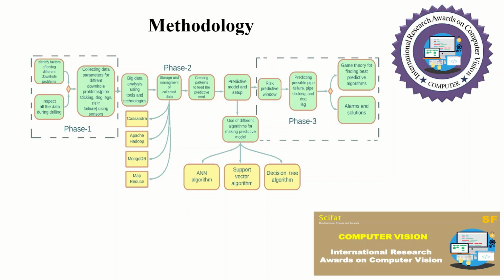taken into phase 2. The collected data will be analyzed through different technologies and stored and managed, and various software or programs will be used for this, such as Cassandra, Apache Hadoop, MongoDB and MapReduce.